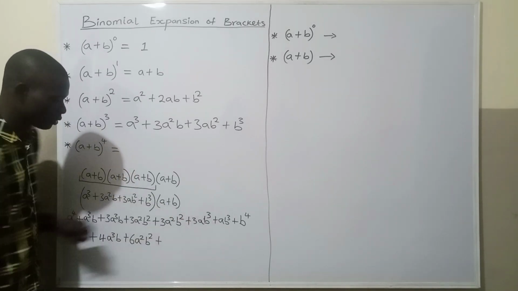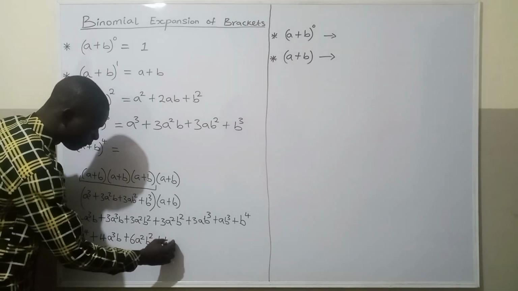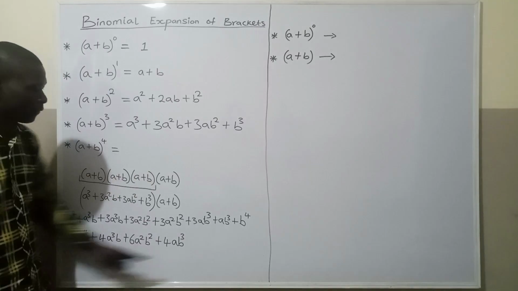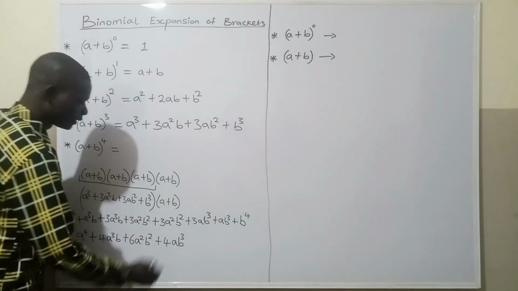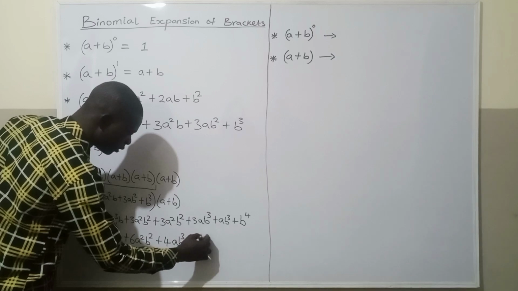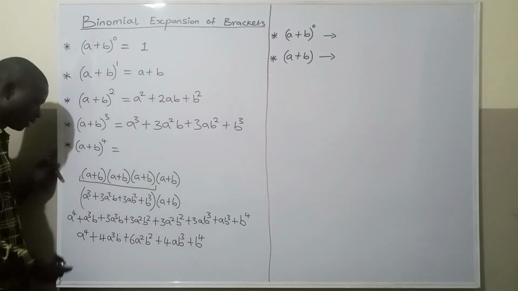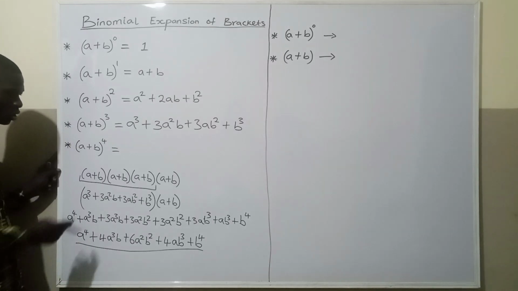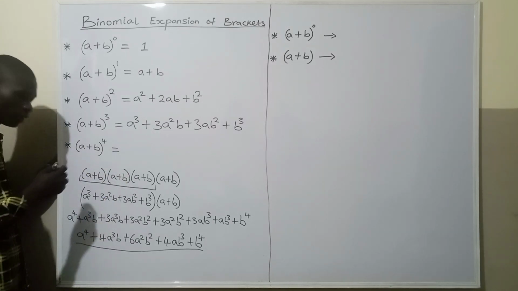That's 3 plus 1, that's going to be 4. So that's going to be 4ab cubed. And finally, the last man standing, that is plus b raised to power 4, which is the fourth power. So this is the solution for this expansion, a plus b raised to power 4.